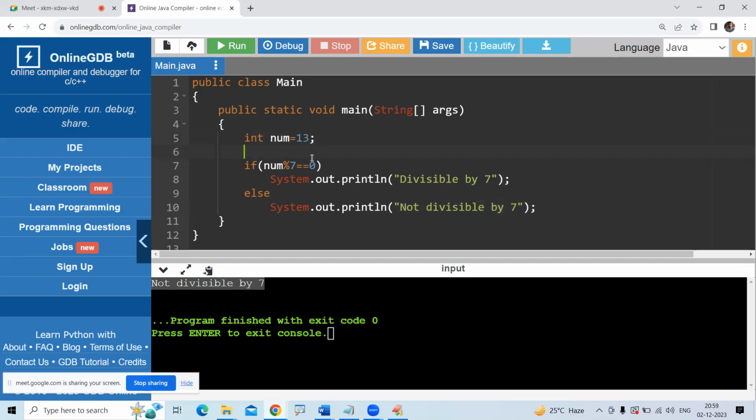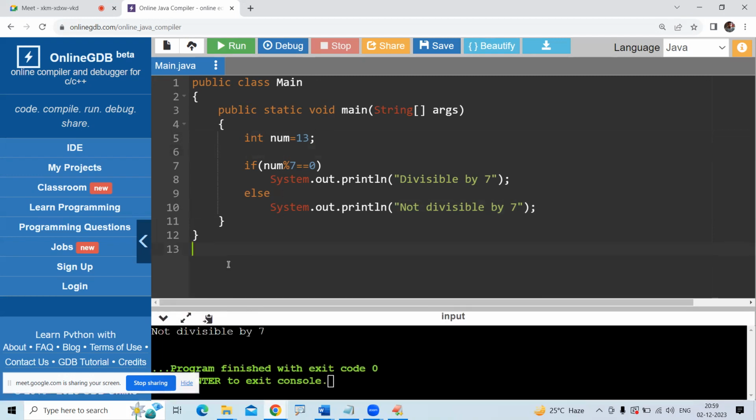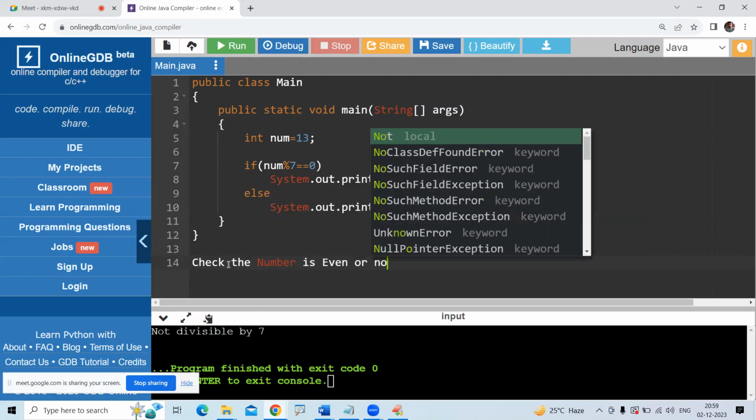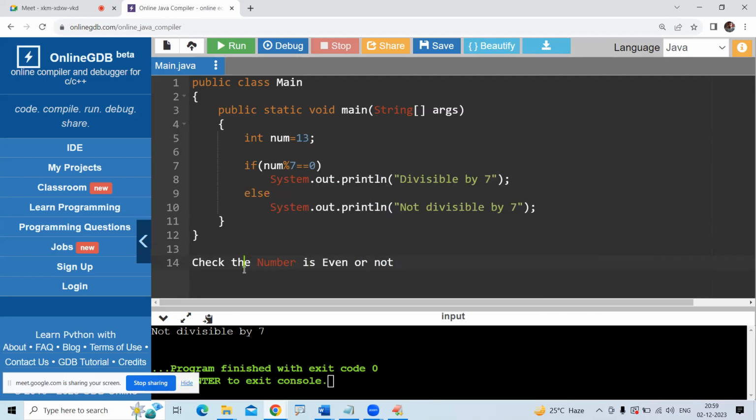Okay, please write this code, it is important. Please write the code to check whether the number is even or not. Drop the code in the chat box for this. Everybody, please. Let me check in the chat box. Do it quick.